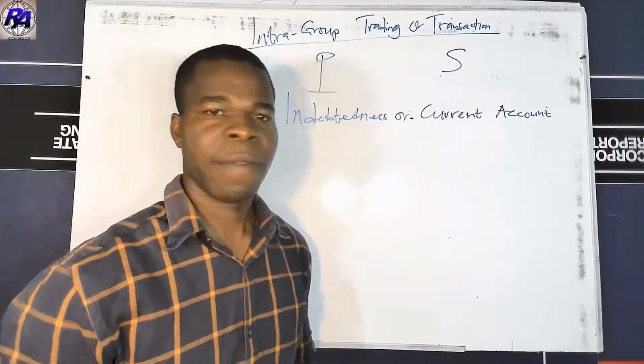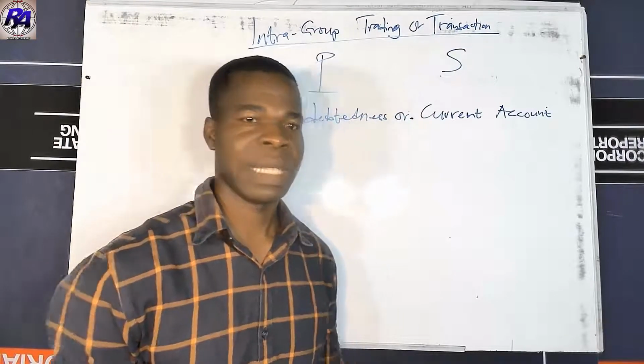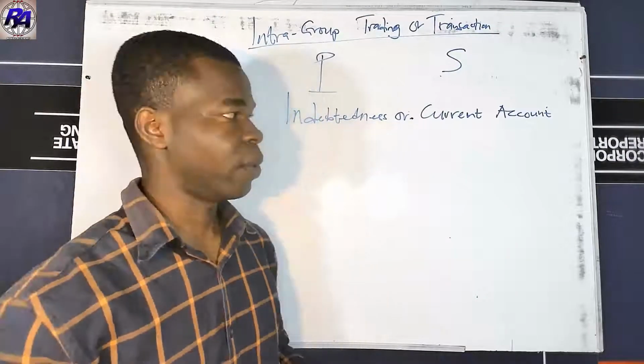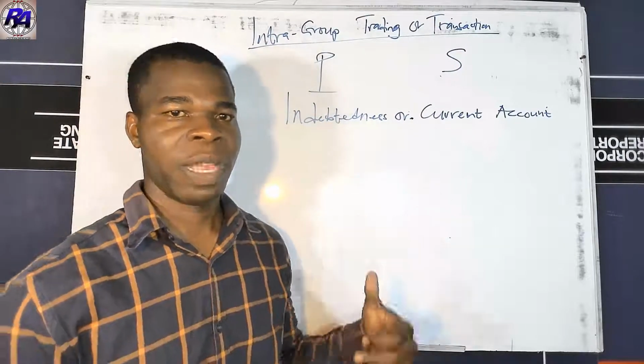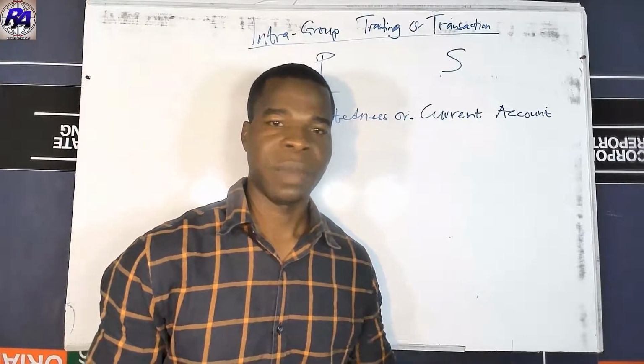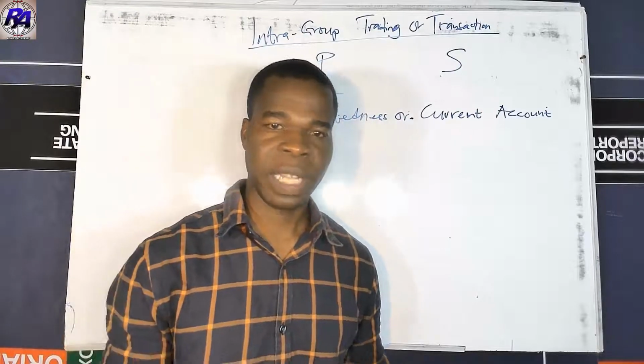So our first type of intra-group trading or transaction that we'll be looking at is indebtedness or current account. Like I said, we have a series of them, and we'll take them one by one. We have trading of current assets like inventory among group entities, which gives rise to unrealized profit.